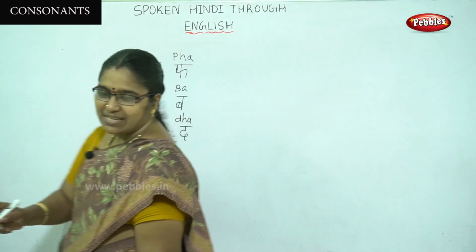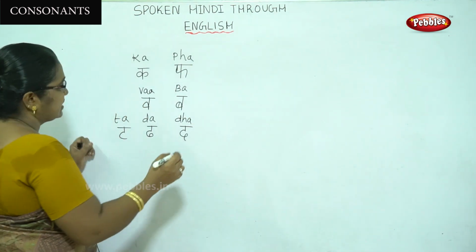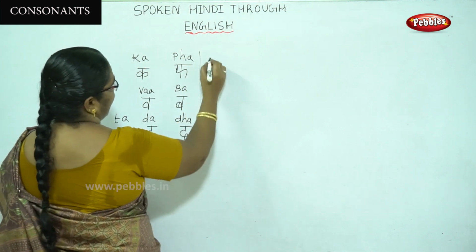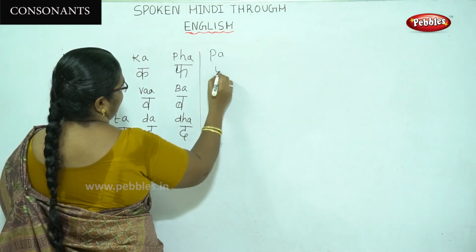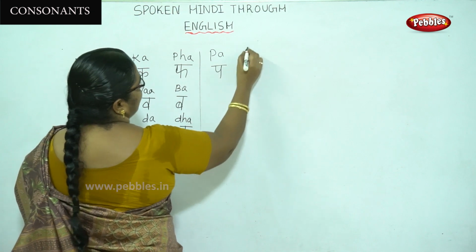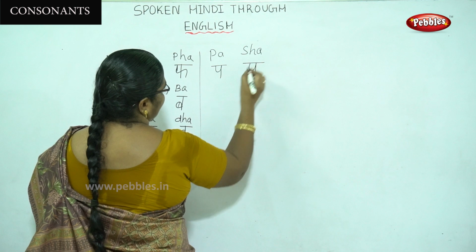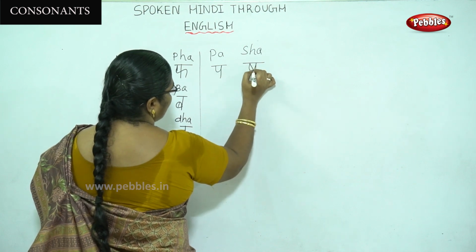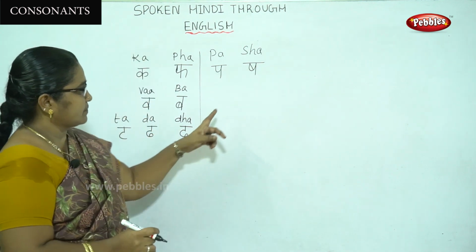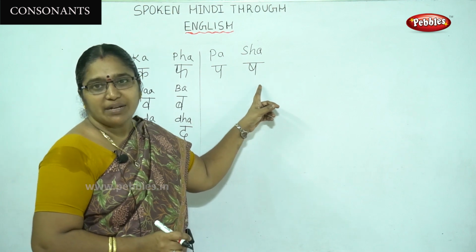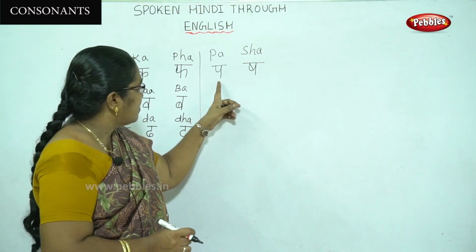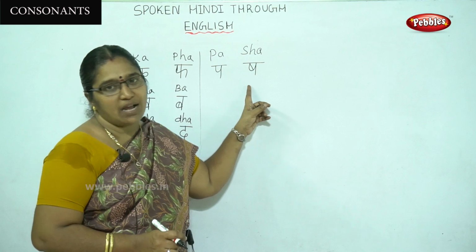Then the next letter is pa. See, pa. Okay, then sha. For that sha, we have to write like this, and we have to put a cross mark here. Okay, this is pa and this is sha.